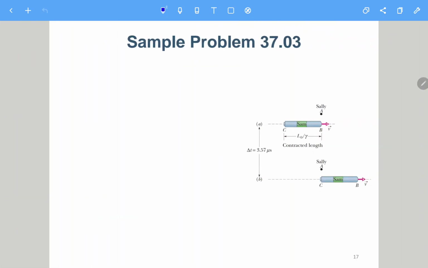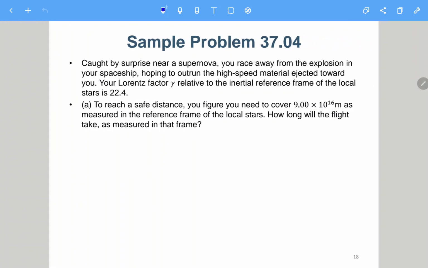Okay, so here we have another sample problem. So this one says, caught by surprise near a supernova, you race away from the explosion in your spaceship, hoping to outrun the high-speed material ejected towards you.